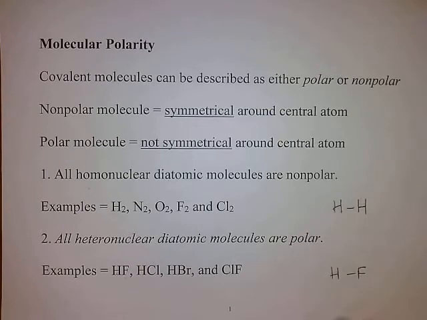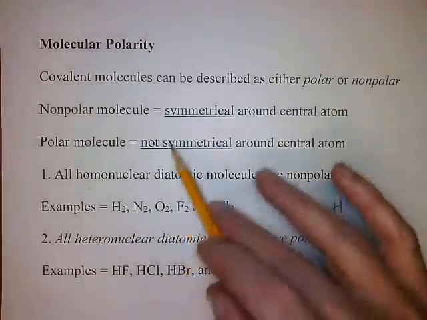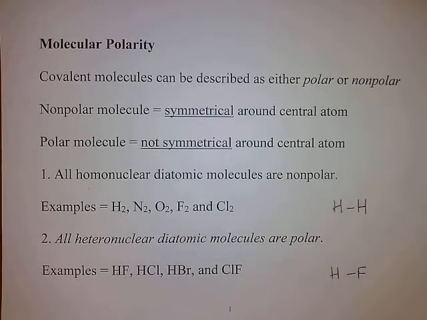Fluorine is much more electronegative, meaning that it has a much greater tendency to attract electrons. The electrons are going to spend more time with the fluorine than with the hydrogen. So the bonding electron pair is not evenly shared, and so this molecule is not symmetrical, and it's going to be polar.